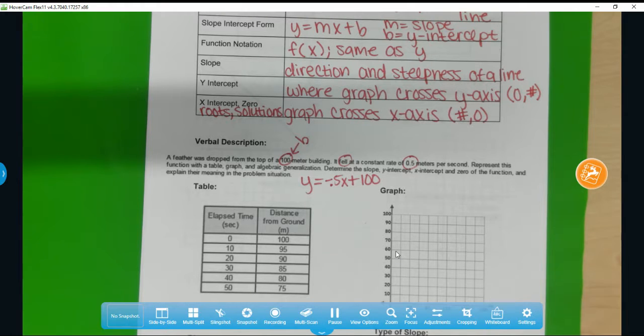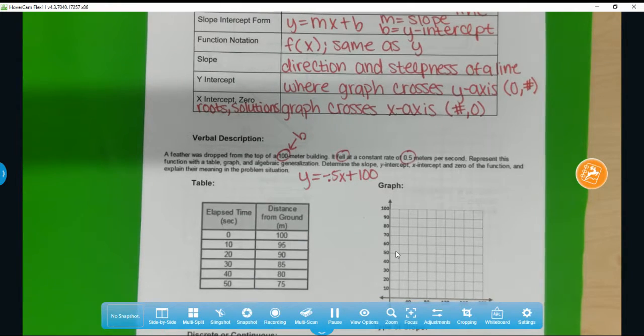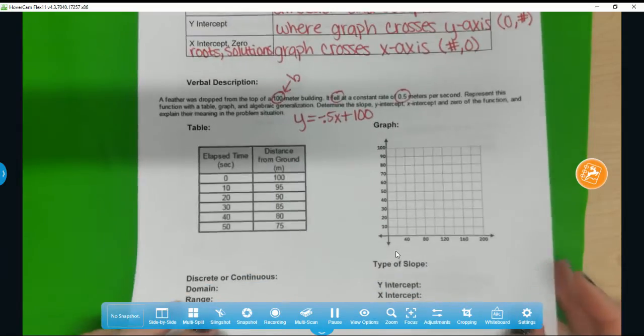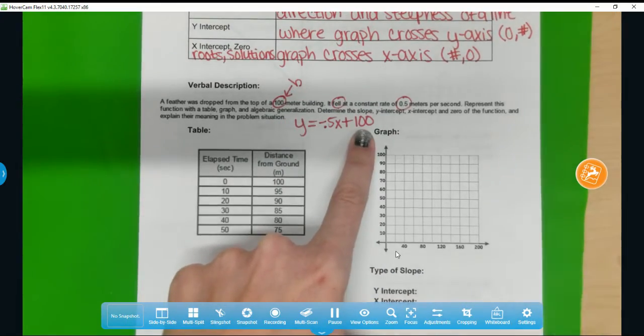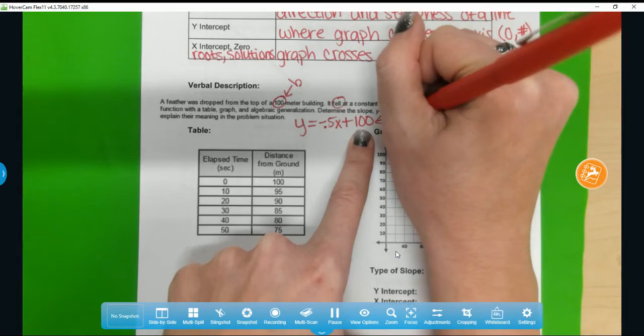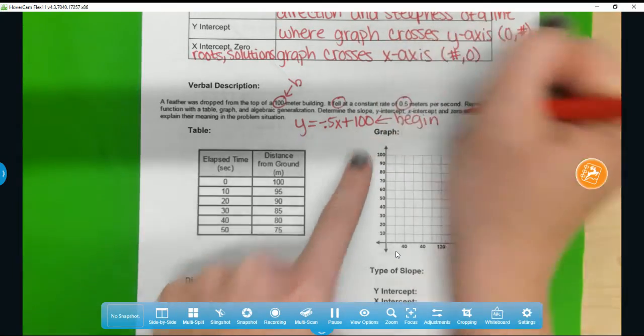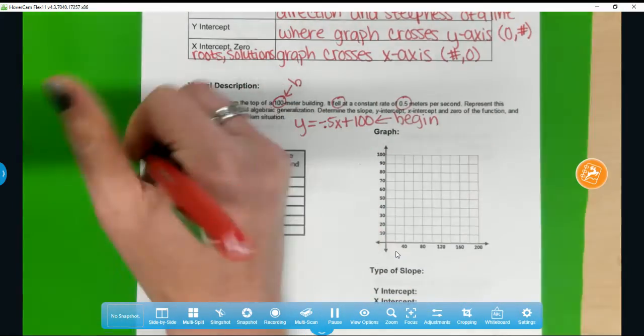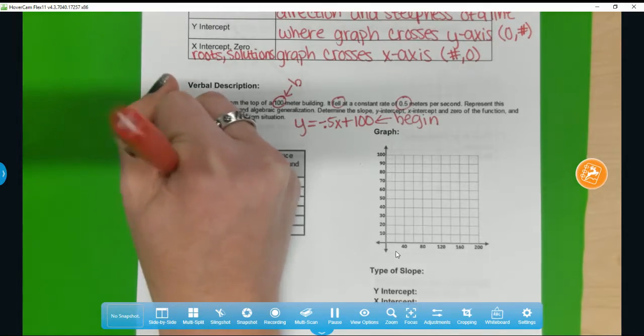Okay, so when we graph this, we start at the b value. So this is our begin point. It also shows up in the table, so you would start here.